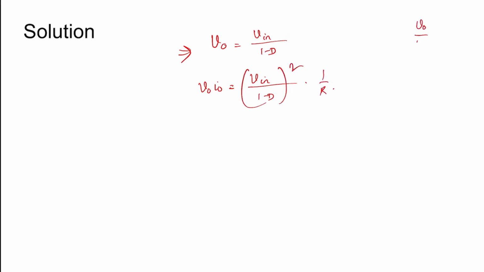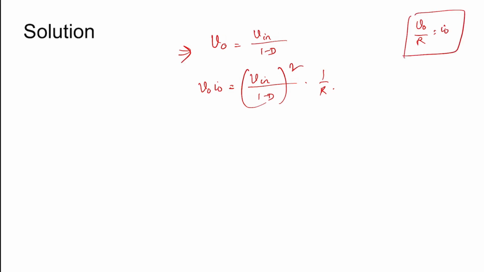This implies that V naught can be written as Vin by 1 minus D. So V naught I naught equal to Vin by 1 minus D into I naught, and I naught is V naught by R. So this into 1 by R. Just replace I naught by V naught by R, then V naught square by R is coming.